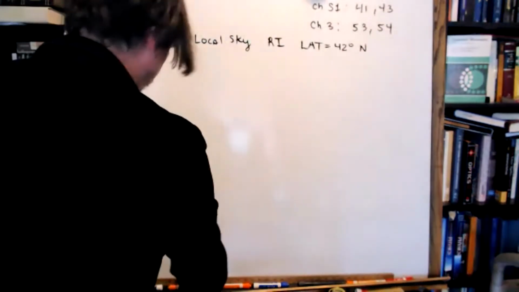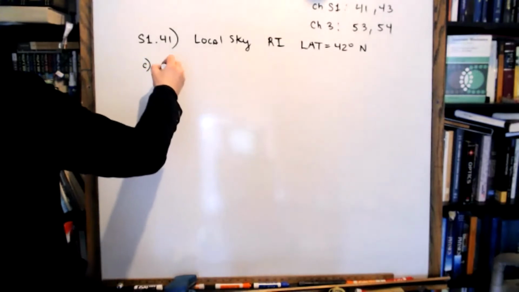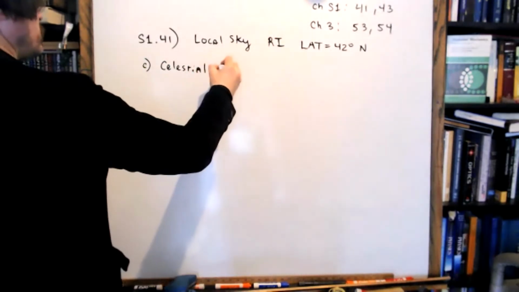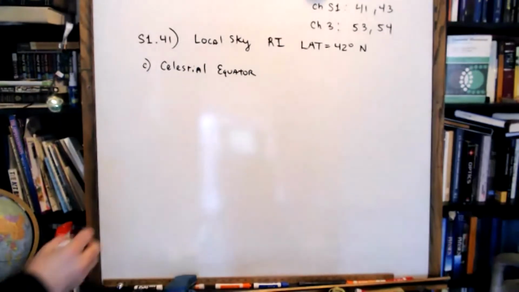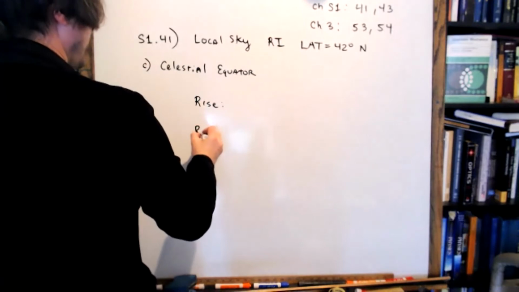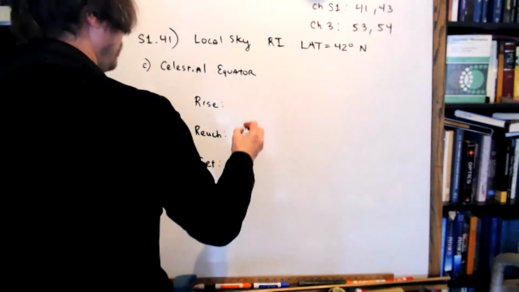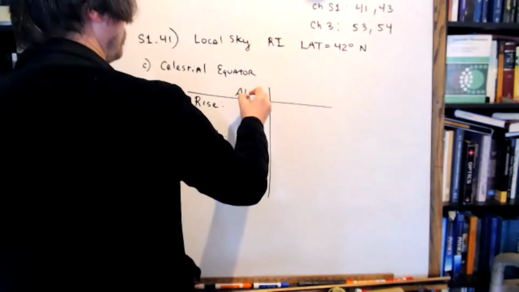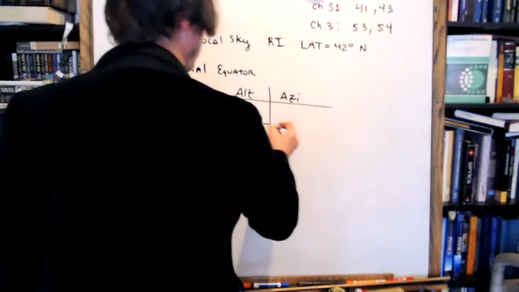Nick, what about part C? I gotcha. Hold on one second. All right, describe the celestial equator in your sky, specifying at least 3 distinct points along it. Once again, we're going to have a rise, a reach, and a set, with an altitude and an azimuth for each point.